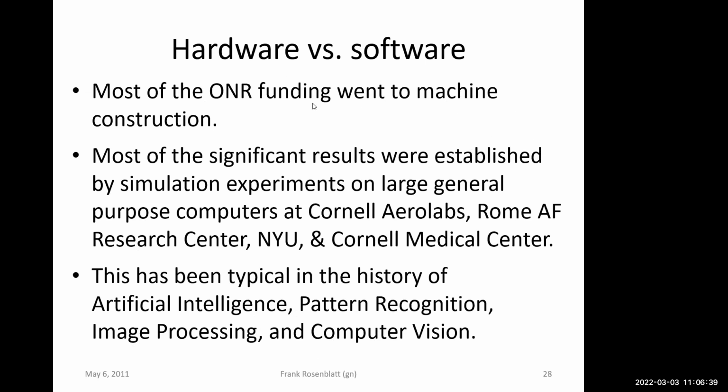A lot of the naval research money went to machine construction. And they did a lot of work on general computers. But that's also been the way that a lot of research has happened in general. Somebody puts money in, you build something, somebody else tries it other ways, and eventually you figure out what works, what doesn't work, and you pick the best and move on, always improving from the last.